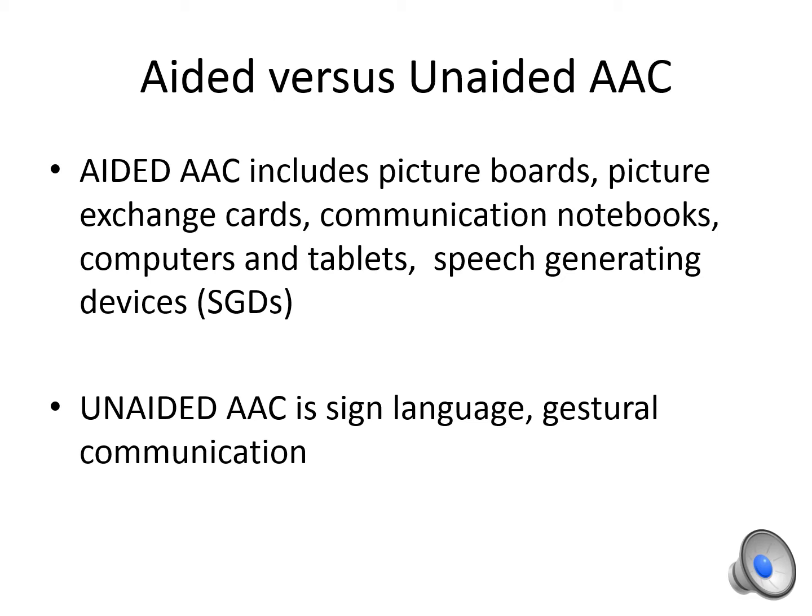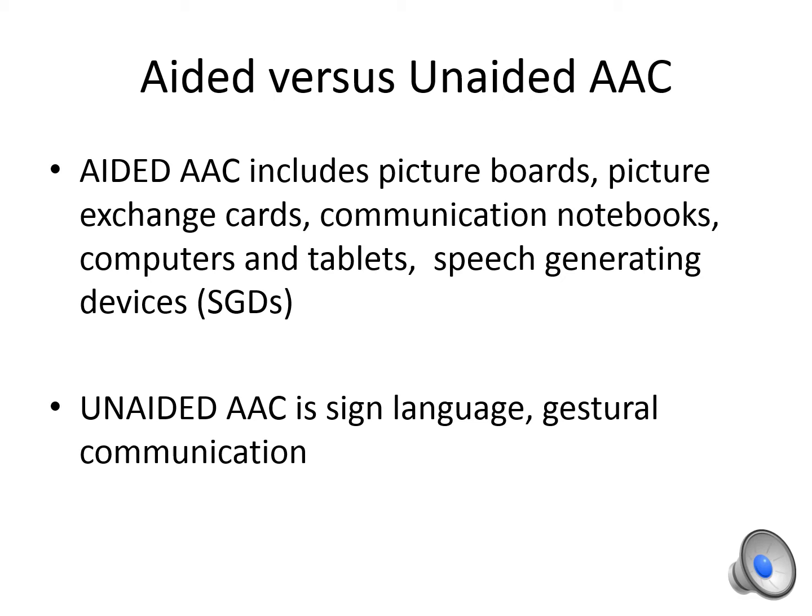Aided AAC also includes things like computers and tablets that have apps on them, or software programs that help children formulate language. They are also often called speech generating devices. That's the technical term and the Medicaid term.